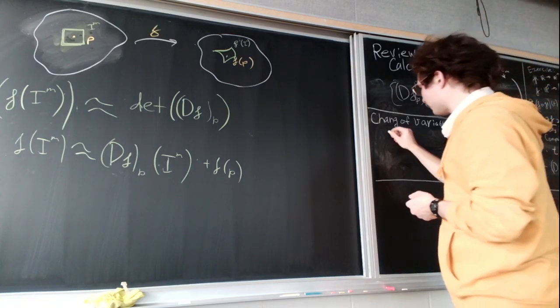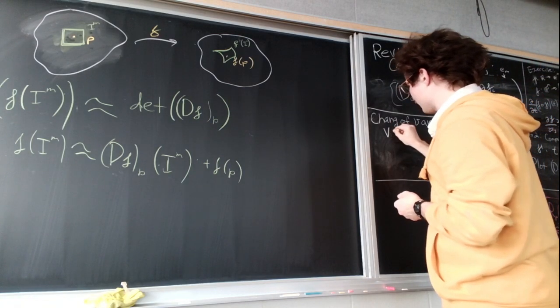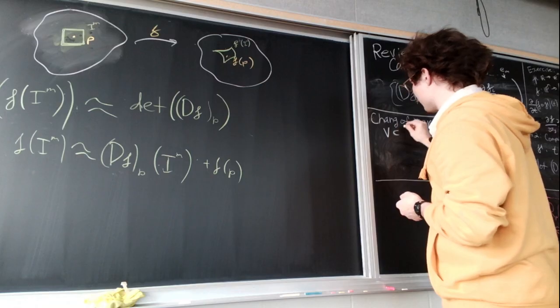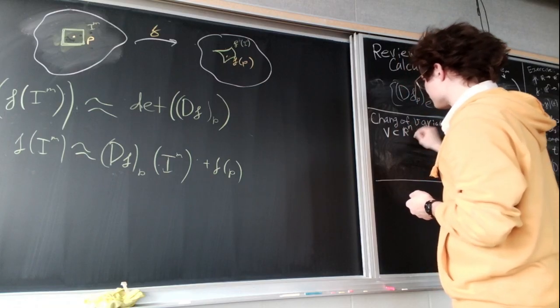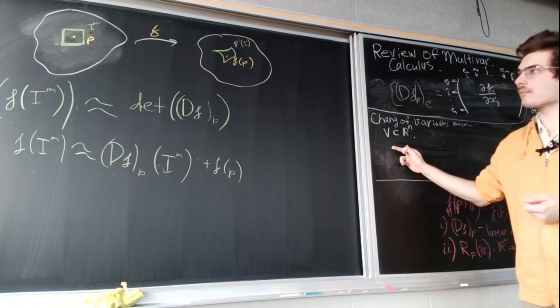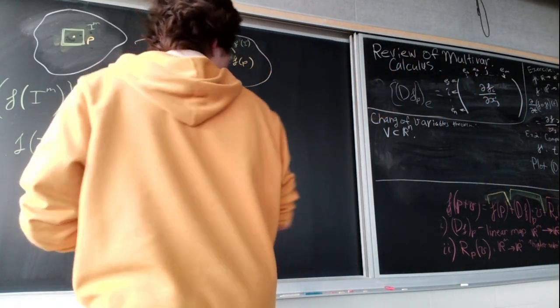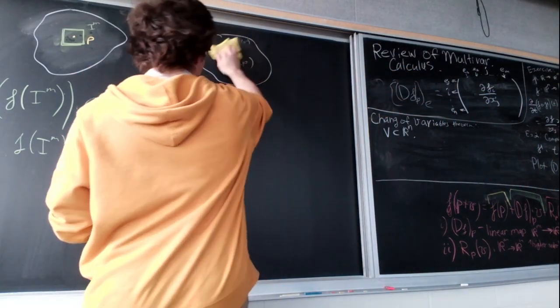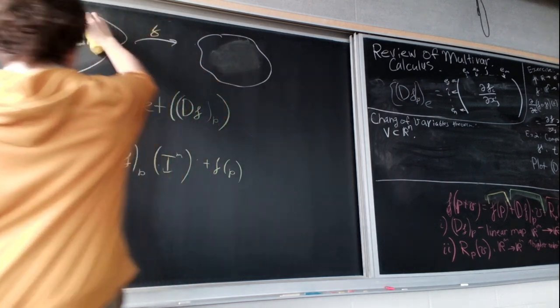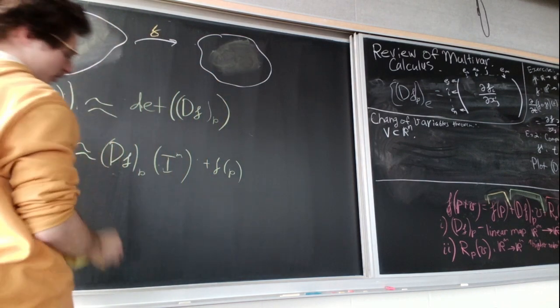Suppose I have some set V that is a subset of Rn. I'm going to erase this and draw a new set inside of it. You guys should just draw a new picture.